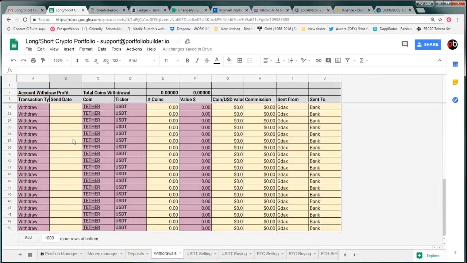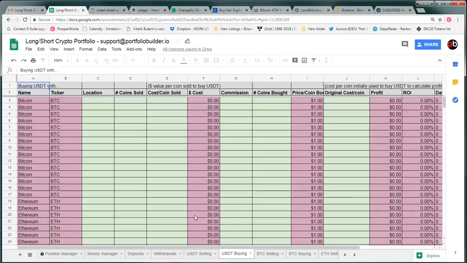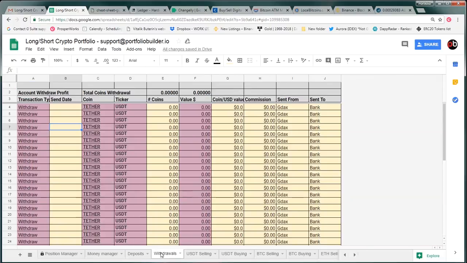Withdrawals, this is where we're sending out dollars to our bank account. You can withdraw Bitcoin or other coins straight from Coinbase to your bank, but the way they're really doing that is they're first selling it into dollars and then they're withdrawing it. So I recommend that you sell a cryptocurrency into USDT in this tab, USDT buying, before you withdraw.